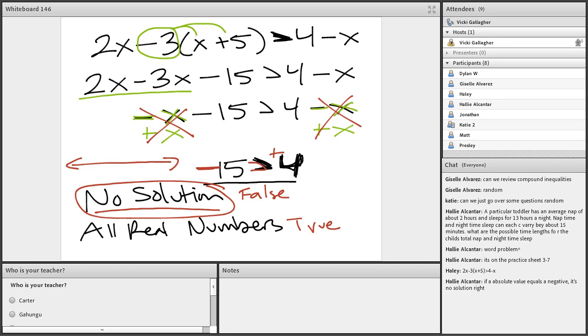You don't put any circles, you don't put any shading. And you definitely write no solution on the answer line. Don't write this. This should be shown in your work, but on the answer line, you're going to write no solution. And then you're going to leave your graph empty. You don't even have to put any numbers on it. Just leave the graph completely blank.